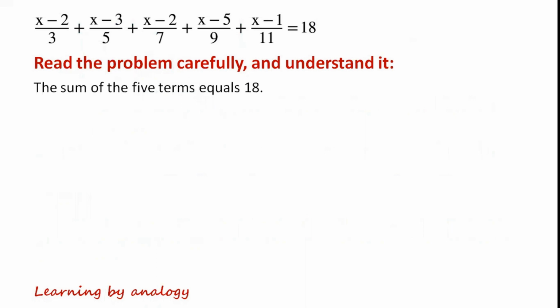The sum of the 5 terms equals 18. Each term involving x is of the form (x + a)/b.